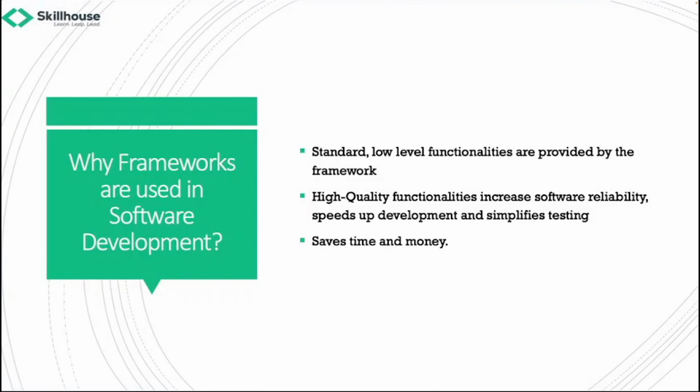I have to print hello world. That hello world is a unique feature; another developer might not need to print the same thing. But printing to the console is the feature that is required by both developers. So that is provided by the framework.